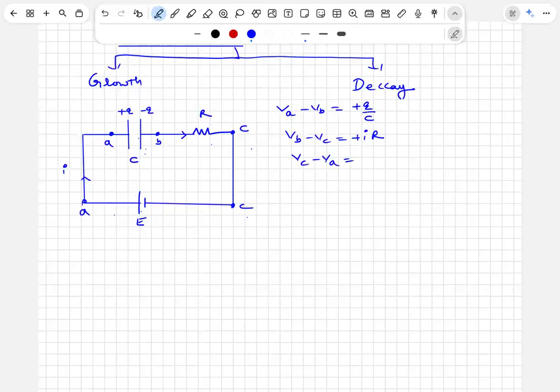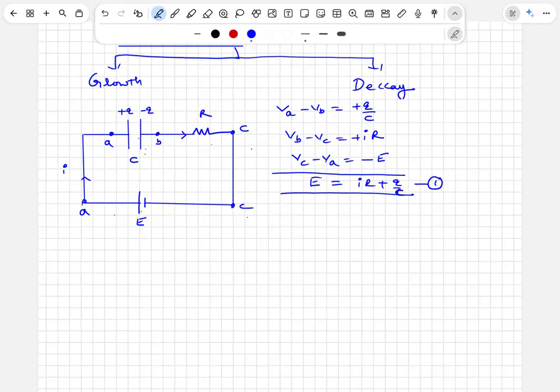VC minus VA is minus E. You apply Kirchhoff's law, and you get the condition E is equal to IR plus Q by C.